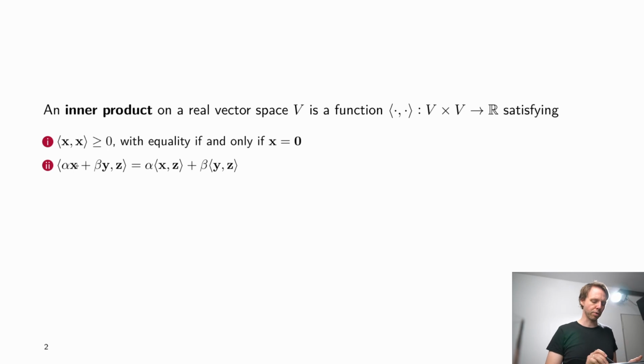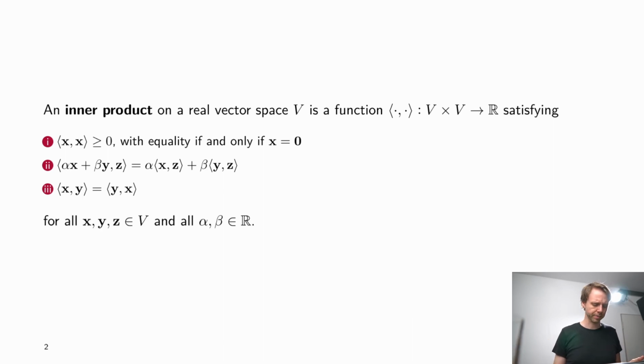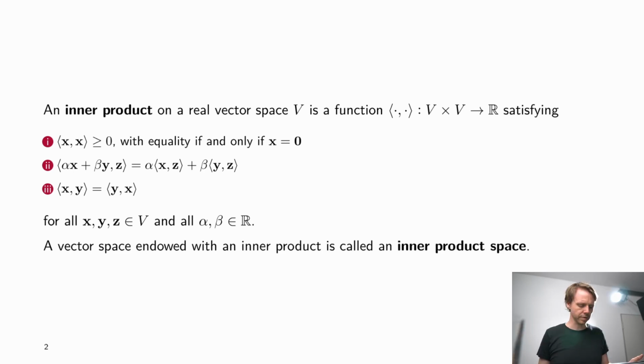So inner products are linear if we basically change one of the elements. And third, they are symmetric, so the inner product between x and y is the same as the inner product between y and x. And this of course has to hold for all x, y, z from our space and for all scalars alpha and beta.